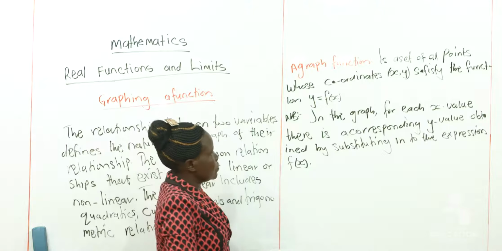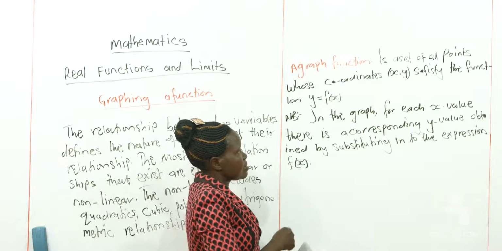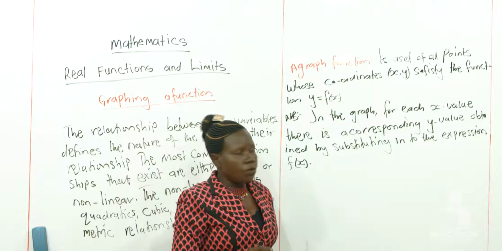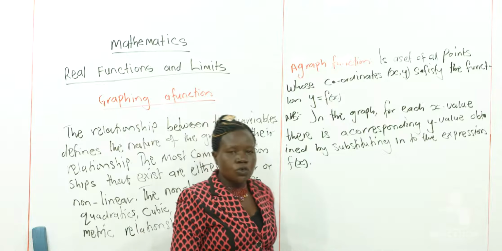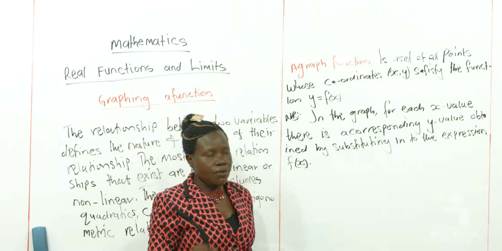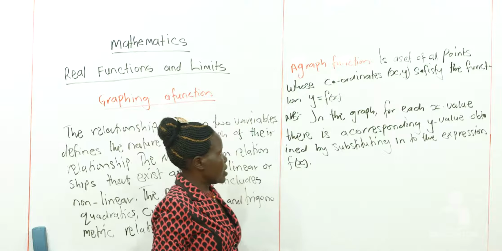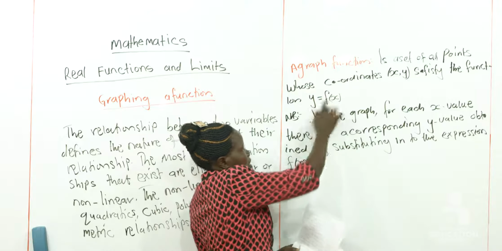When they ask you to define a graph function, we simply know that a graph function is a set of all points whose coordinates, that is the coordinates of x and y, satisfy the function y, which you will be given.